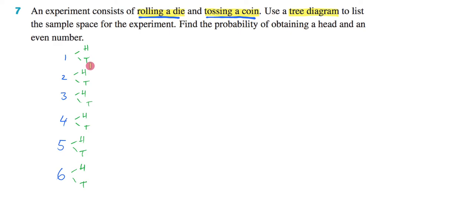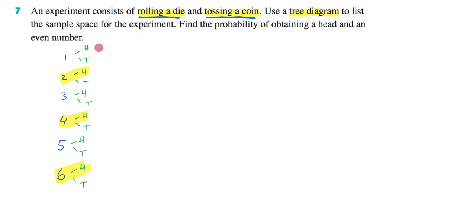So you would go, all right, here are my even numbers, 2, 4, and 6. And then I also need a head. So I could get 2 and a head. I could get 4 and a head. Or I could get 6 and a head. Now we have to figure out all the possible outcomes, so all together.